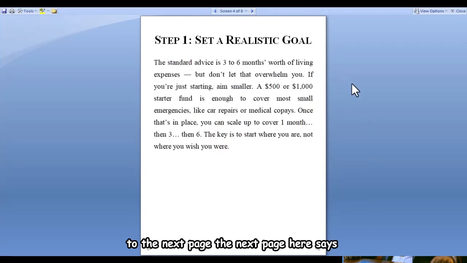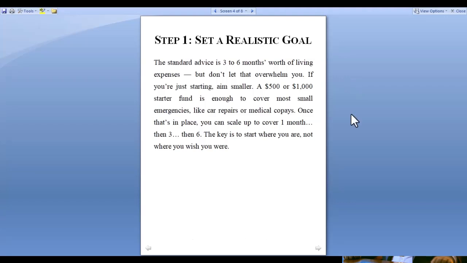The next page here says, step 1, set a realistic goal. The standard advice is 3 to 6 months' worth of living expenses, but don't let that overwhelm you. If you are just starting, aim small. A $500 or $1,000 starter fund is enough to cover most small emergencies like car repairs or medical copays.